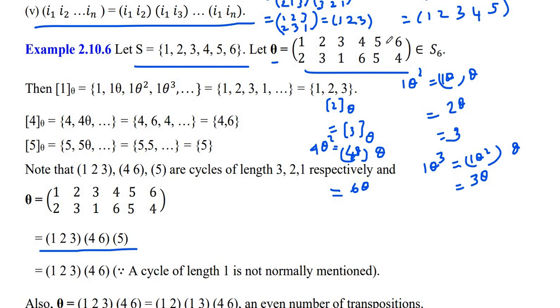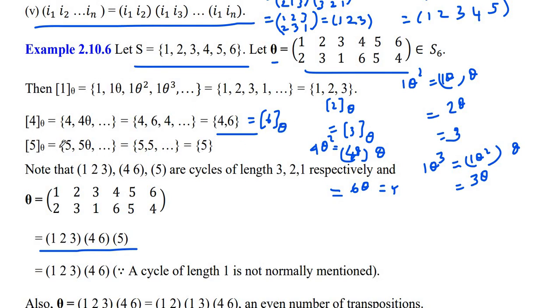But 6θ is nothing but 4. The image of 6 under θ is 4. So that is what is written here: 4, 6, 4 and so on. So you have just 4 and 6. Again this is the same as the orbit of 6 under θ. There is no need to compute it again.